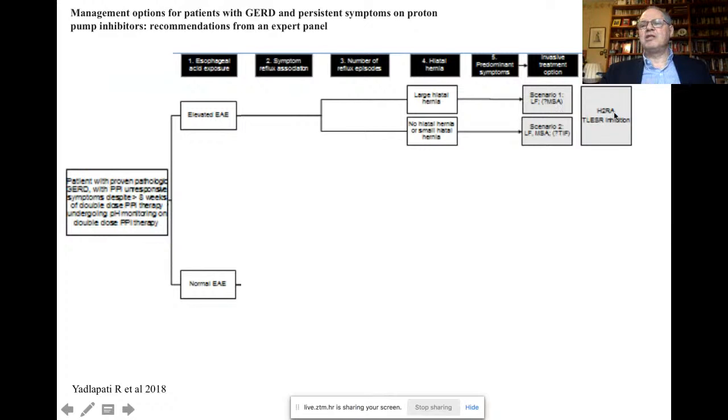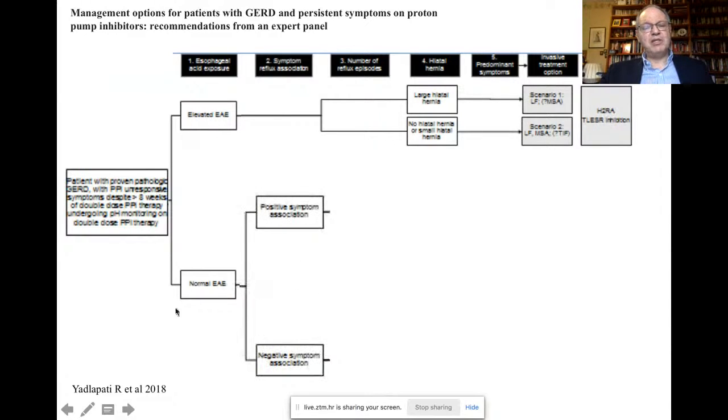Otherwise, we can treat the patient with non-invasive treatment like H2 blockers or baclofen. If a patient has no hernia, then this invasive scenario is more doubtful. It's better to go for non-invasive treatment.